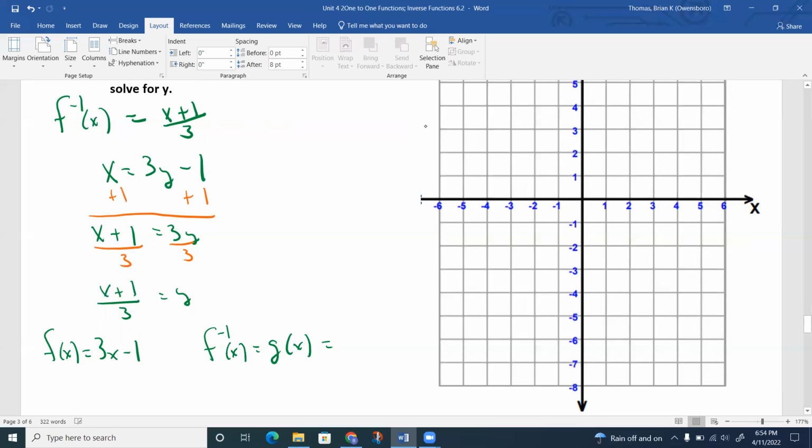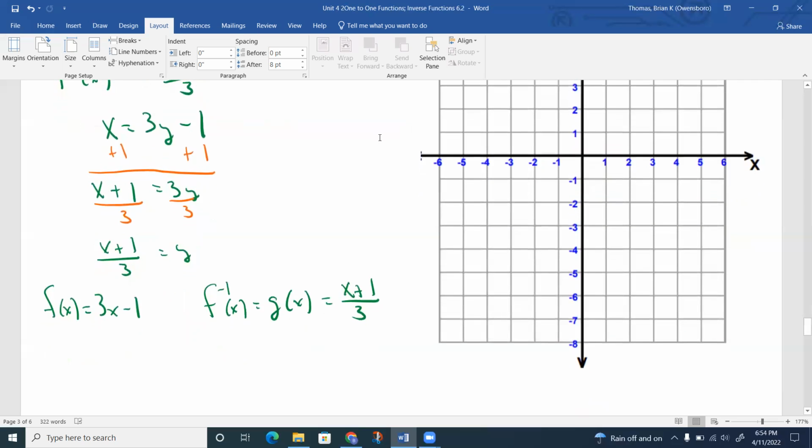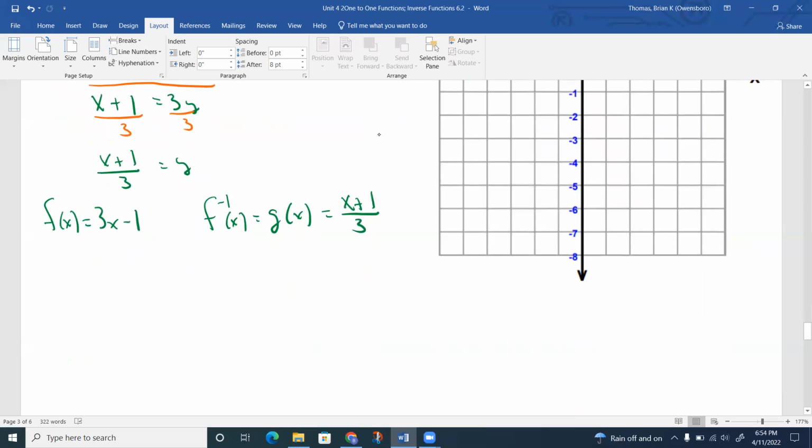So we're going to let g of x equal x plus 1 over 3. I think that notation is going to be a little bit easier to deal with. To verify the inverse function, we first want to figure out what f of g of x is, and it has to equal x to start with. That's how we verify this.